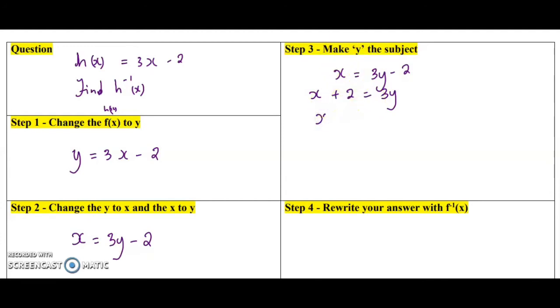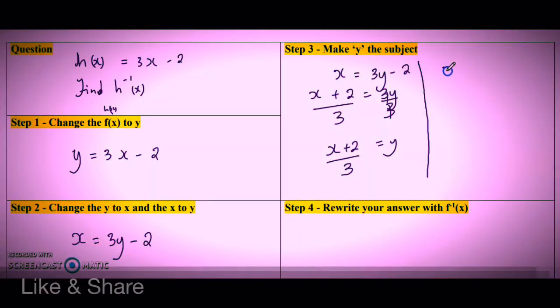I am going to divide by 3 on both sides. Divide by 3, divide by 3, and now I'm going to cancel. And now I have y is equal to x plus 2 over 3.